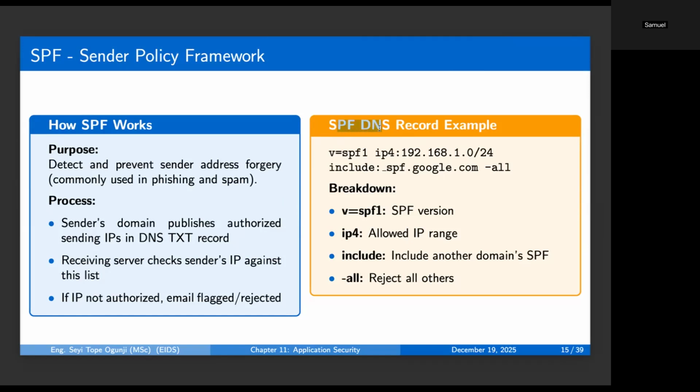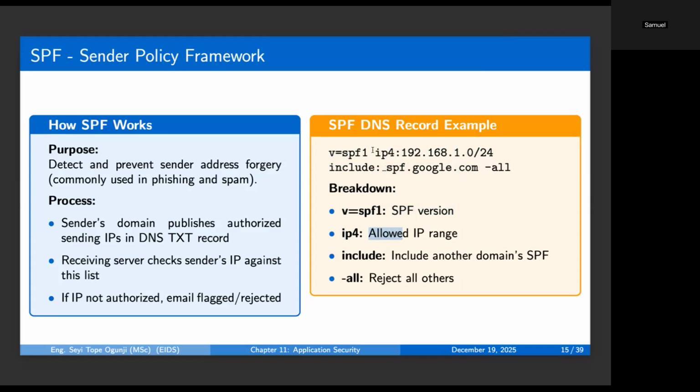this breakdown here, the SPF DNS record. You have this v, then these other codes that are associated. Let's analyze them one after the other. v means the SPF version. Then ip4 shows us the allowed IP range.